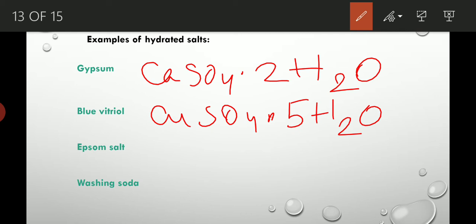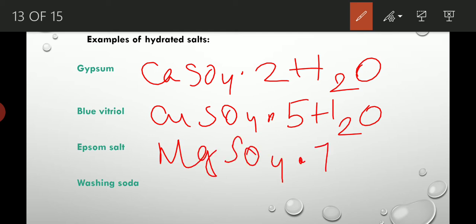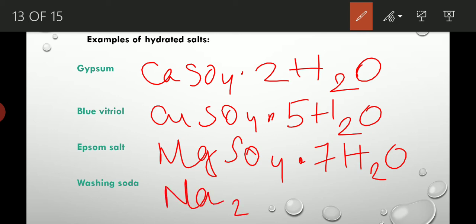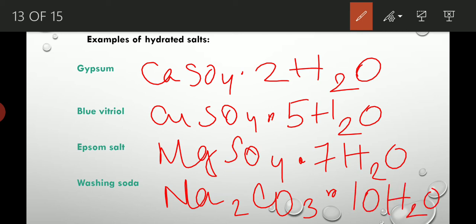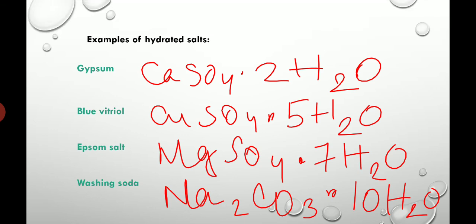Epsom salt is magnesium sulfate, MgSO4 dot 7H2O. It contains 7 water of crystallization. Next there is washing soda, sodium carbonate, Na2CO3 dot 10H2O. Clear? These are the examples of hydrated salts.